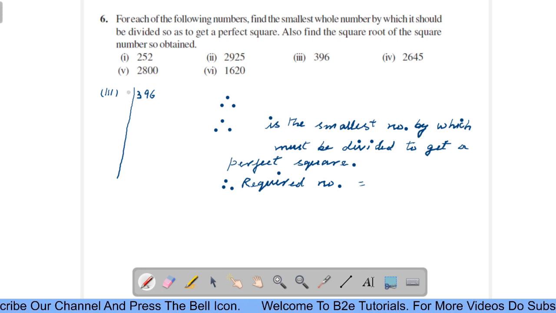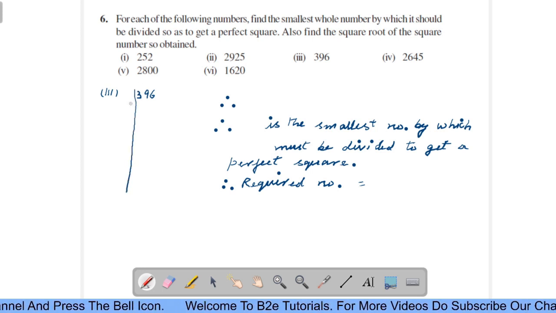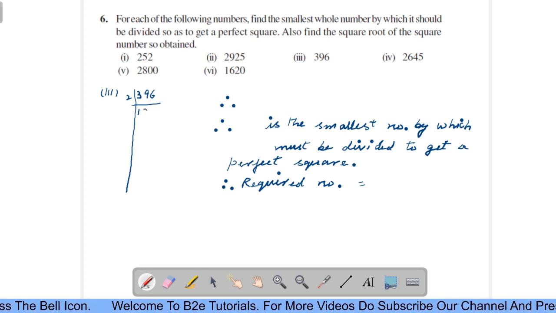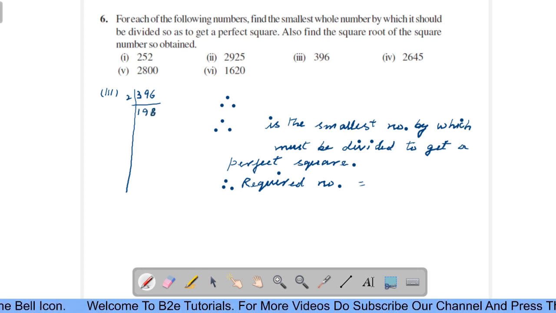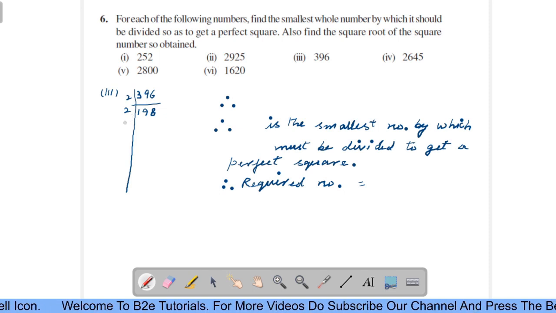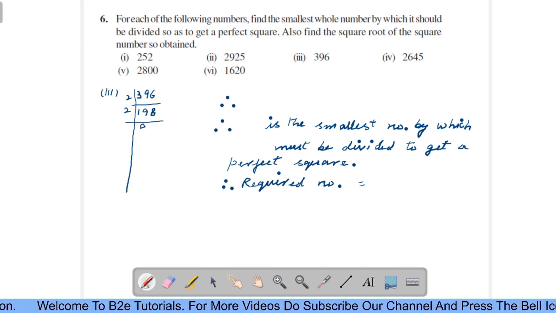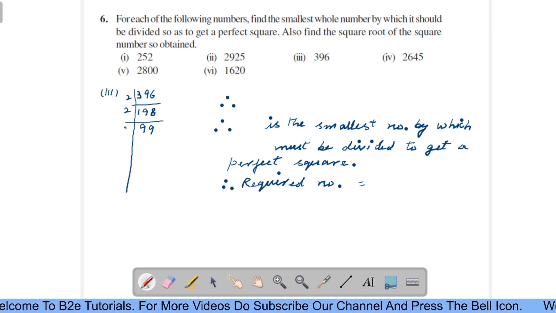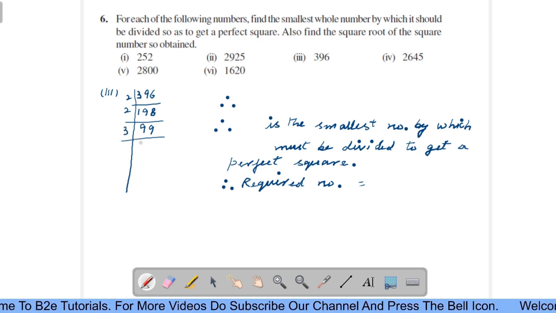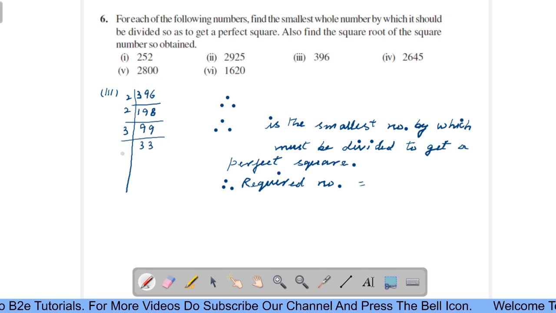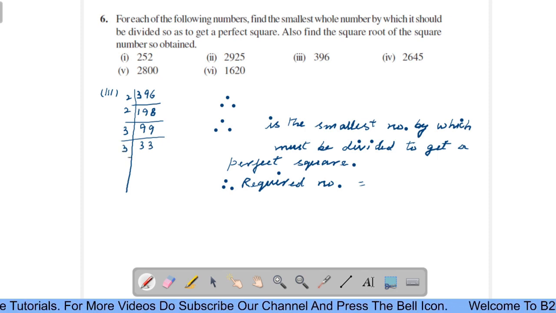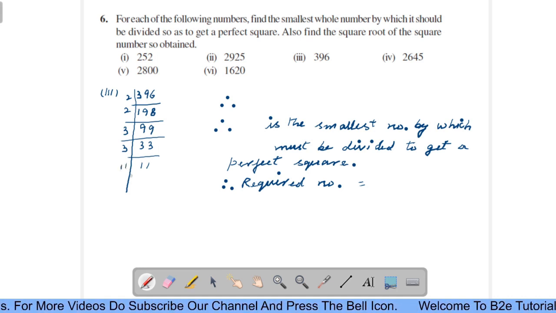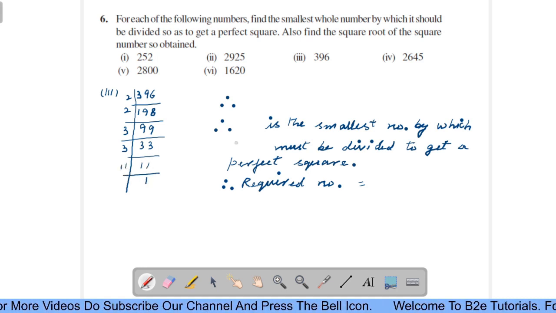Divided by 2, you will get 198, 2 nines are 18, 2 eights are 16. Again by 2, 2 nines are 18, 2 nines are 18. Then by 3, it is 3 threes are 9, 3 threes are 9. Again by 3, you will get 11. Then by 11, you will get 1.